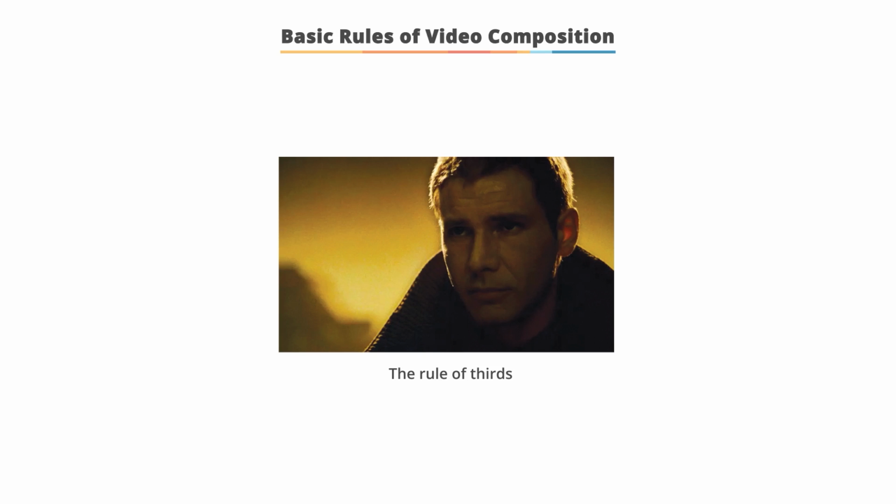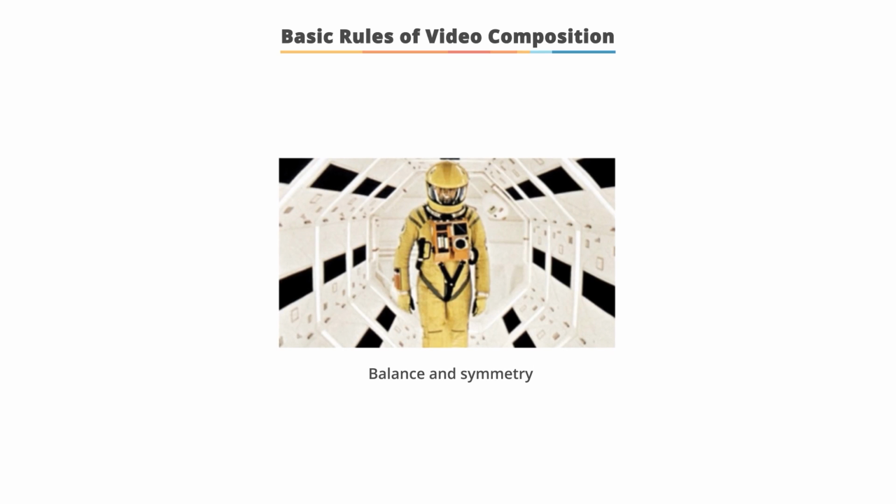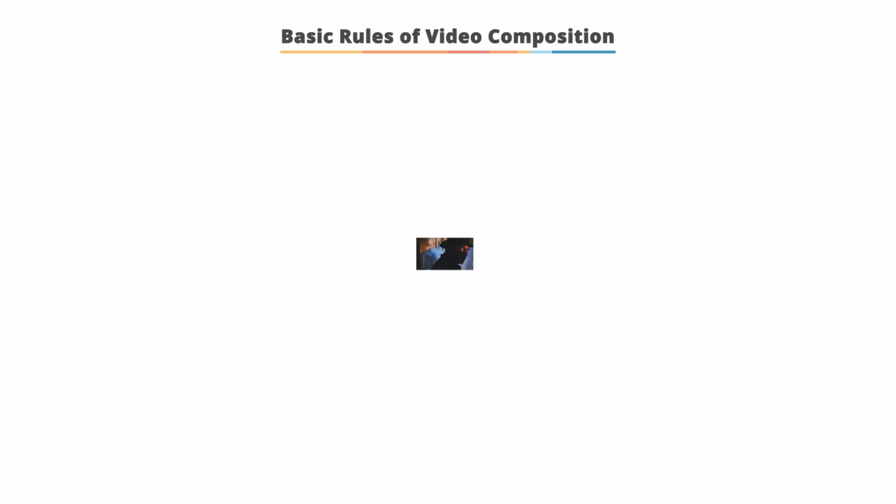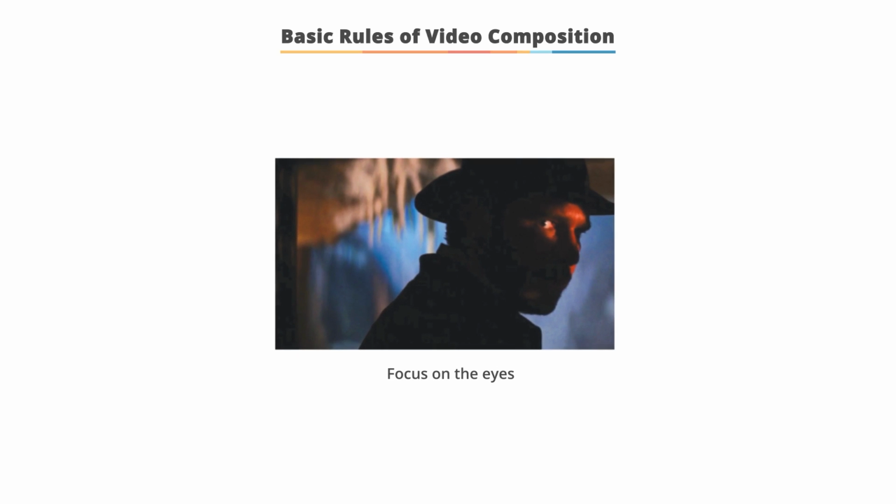But there are others as well. For instance, using balance and symmetry in your video or apply leading lines in your video. These lines direct the viewer to a particular section of the screen. Finally, as I mentioned before, a simple rule is to focus on the eye. It gives a point of focus.